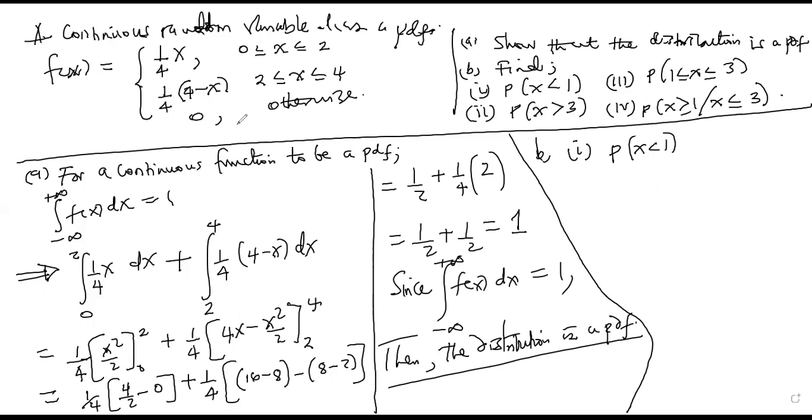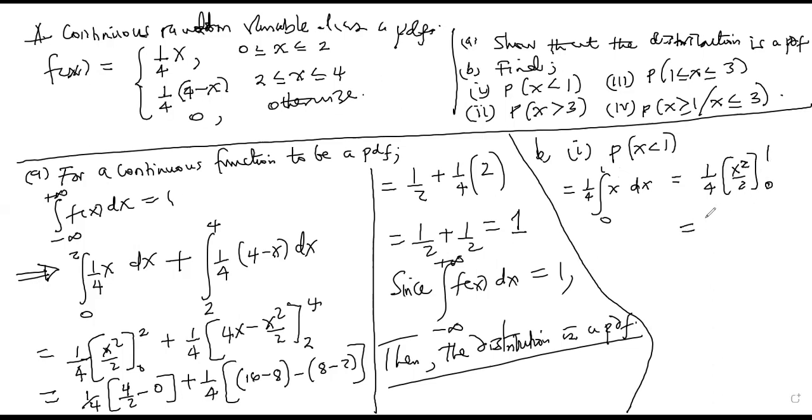It means that we shall start from somewhere and end on 1. So we shall take the first function only, because when you go to the second function, a quarter times 4 minus x, you have gone to 2. So we have not to go beyond 1. This is going to be the integral of a quarter x dx from 0 to 1, which is a quarter times x squared over 2 from 0 to 1.